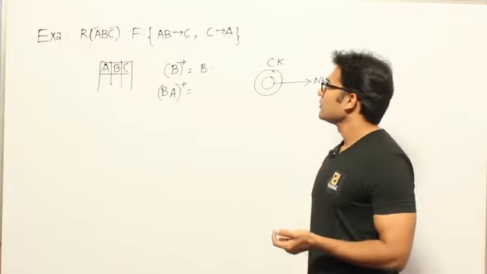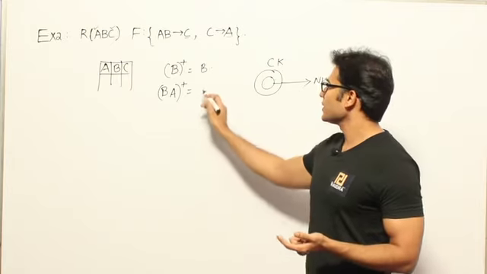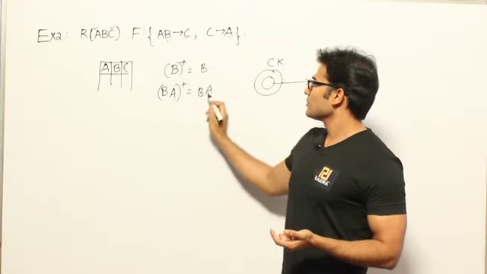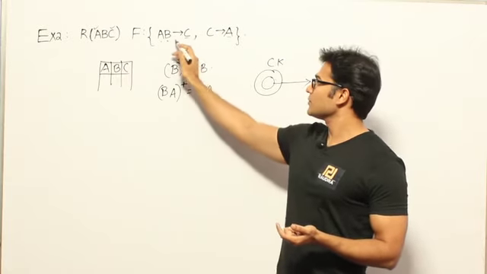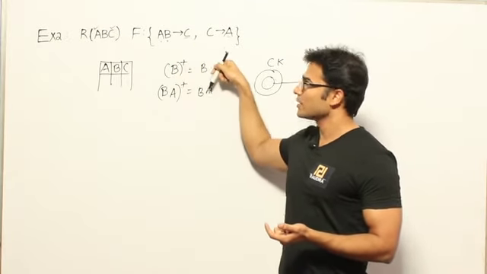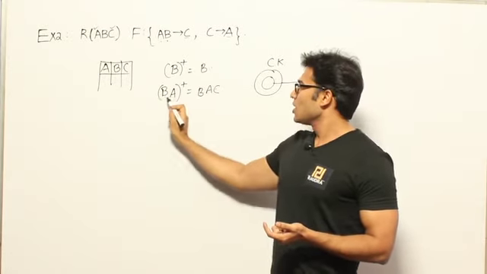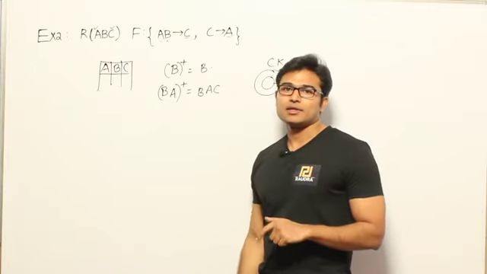BA plus, or you can call it AB plus. So what do I get? BA, and because AB is already present here, because of this functional dependency, since the left side is already covered, you are going to get C. So everything is covered. So BA can be a candidate key.